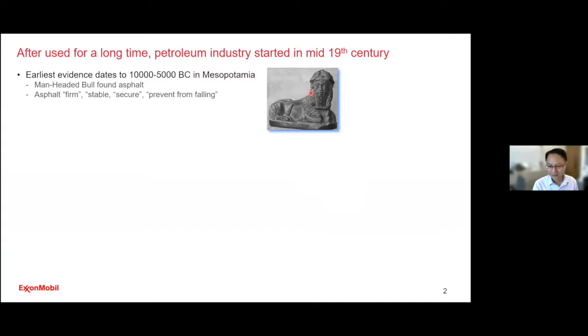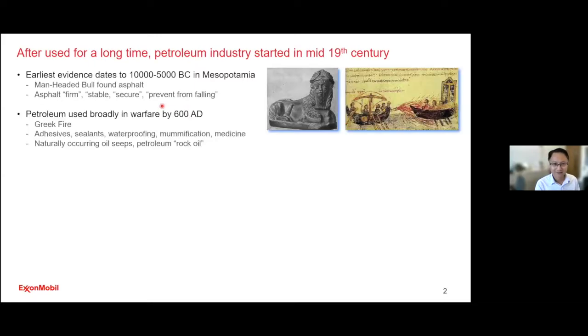Asphalt was used to glue the eyeballs to the eye socket. Later on, I will talk about asphaltenes. That's from ancient Greek. Asphalt means firm, stable, secure, and prevent from falling. So that's what is used today, just like cement, to glue things together.